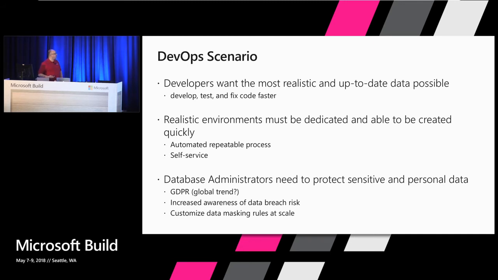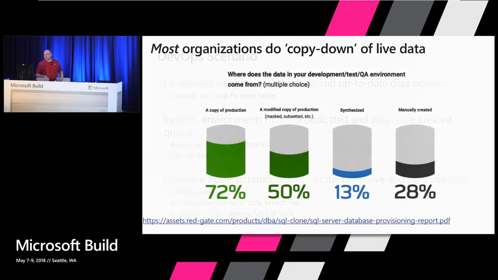And organizations under GDPR now have organizational responsibility. They're under ever more scrutiny to be doing the right things, to not be exposing data unnecessarily, and not to be increasing the attack surface area. So I'm going to take you through a scenario where we're provisioning realistic, production-like data into lower environments in an automated manner for dev test.